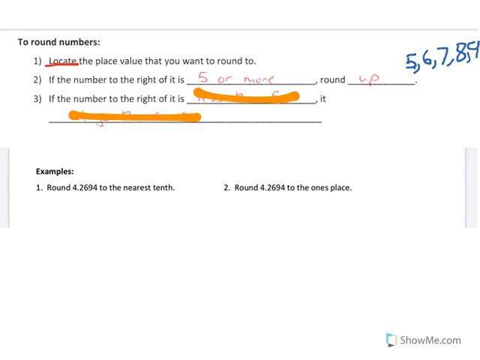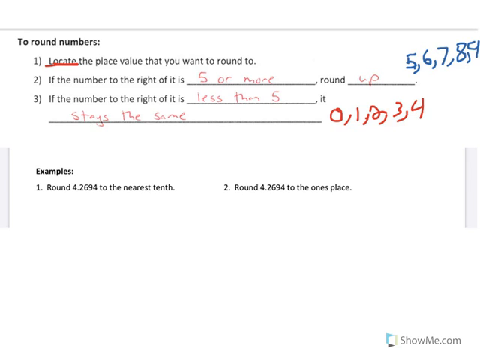If the number to the right of it is less than 5, it stays the same. And that's going to be for numbers like 0, 1, 2, 3, and 4. So 5 or more goes up, 4 or less goes down.